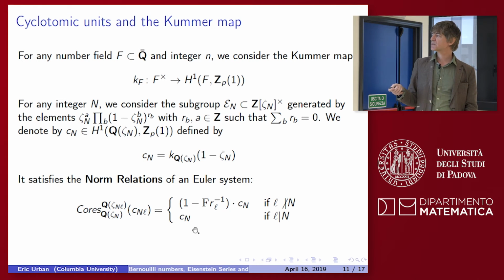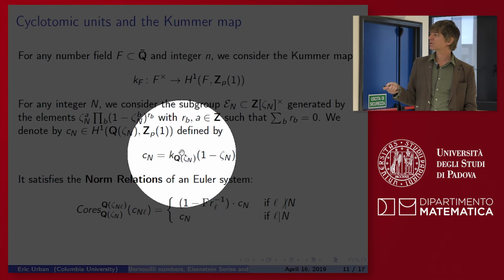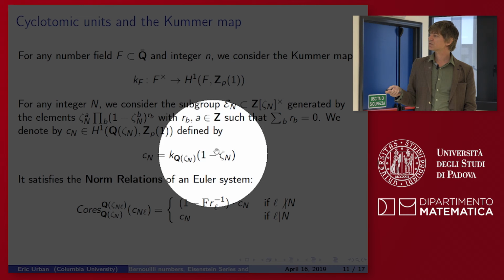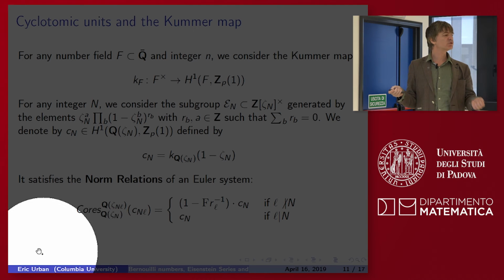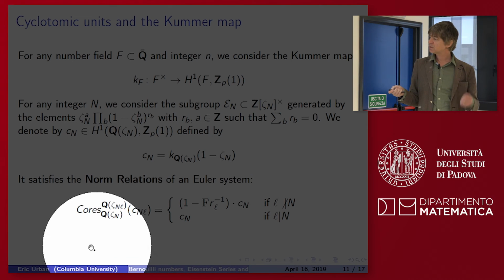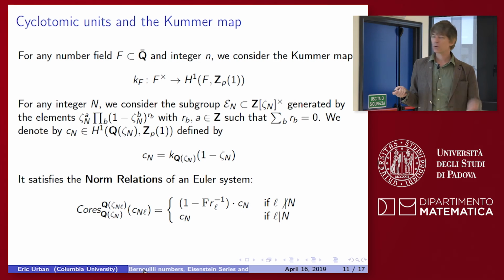Another way to see it is that if you take the norm of 1 minus theta nl from Q(theta nl) to Q(theta n), you get either 1 minus theta n or 1 minus theta n to the power 1 minus Frobenius l.